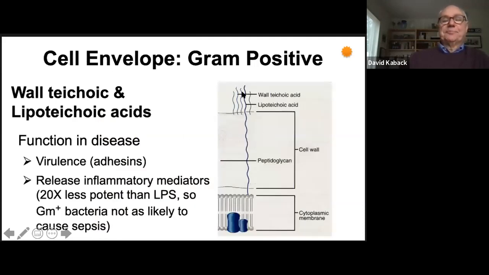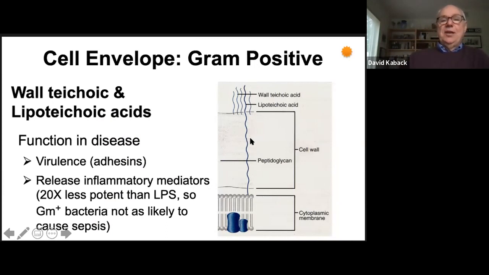And we have these lipoteichoic acids that extend from the lipid bilayer. These are also polysaccharides, okay, sugar polymers, that extend through the peptidoglycan and decorate the outer surface of the membrane with a, if you think about it, sugar is soluble in water, so it's a hydrophilic layer over here.